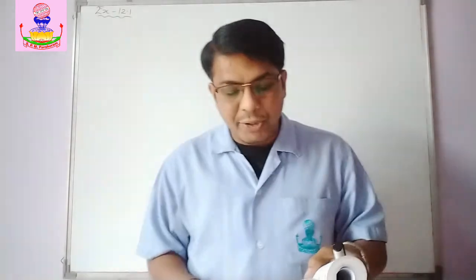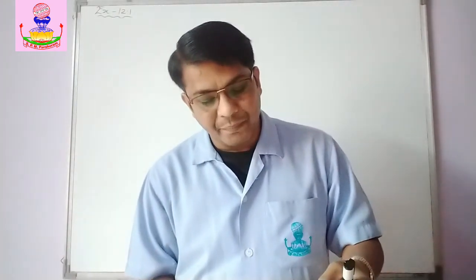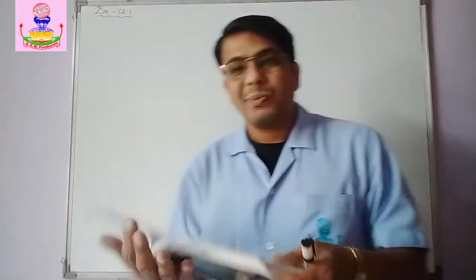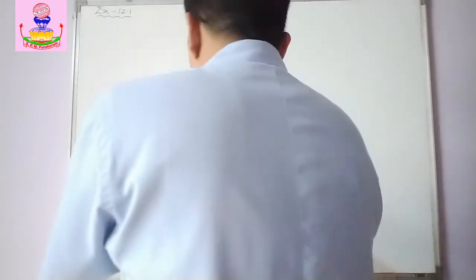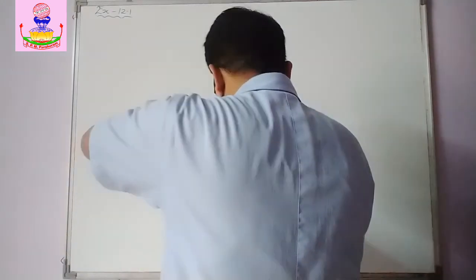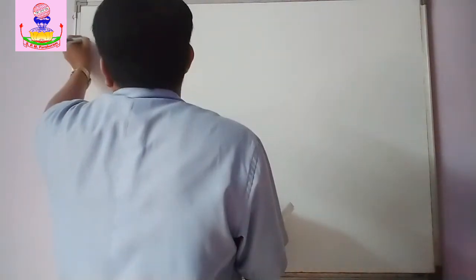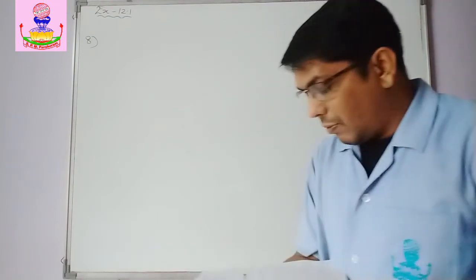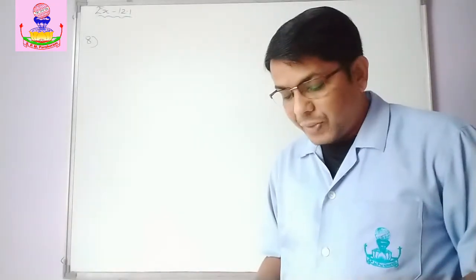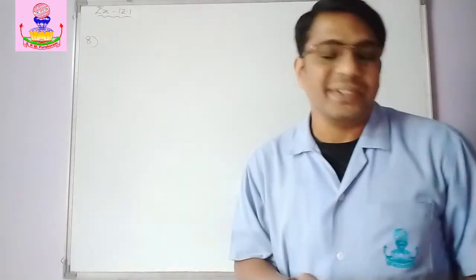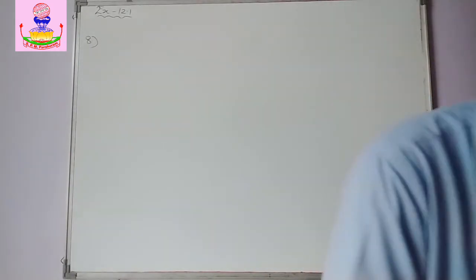Now see, 8th one. What is the average of the squares of the first 5 even natural numbers?